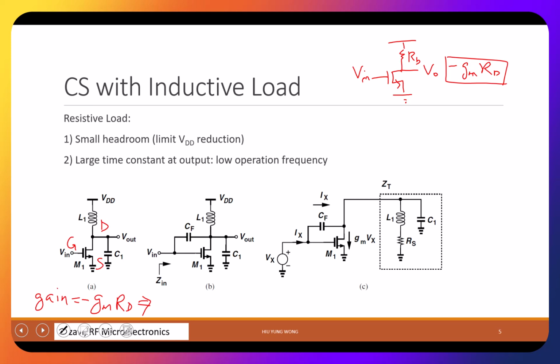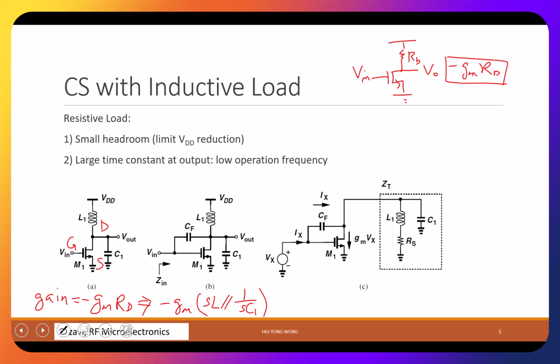So it becomes negative gm times sL parallel 1 over sC1. Is that okay? Because we're talking about high frequency, we're talking about what is the gain at a certain frequency. We have not specified which frequency we are working on.